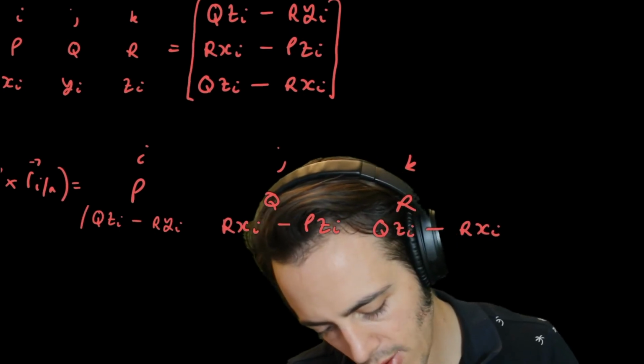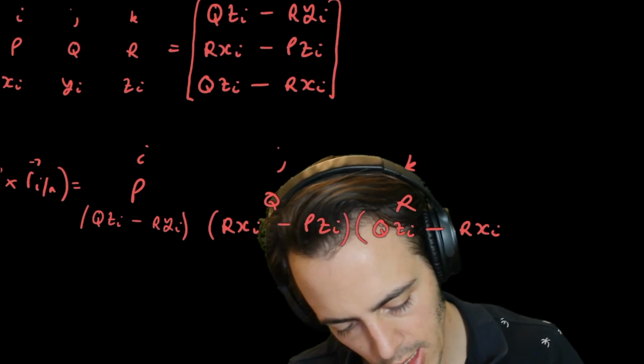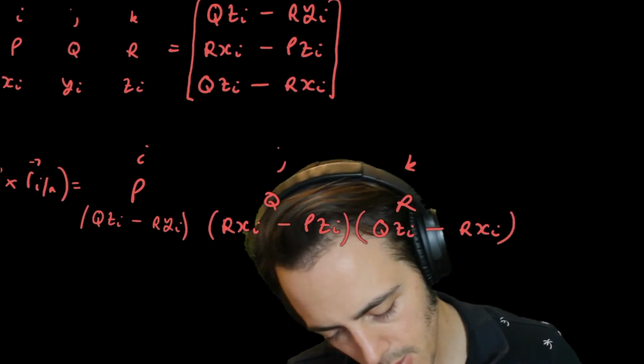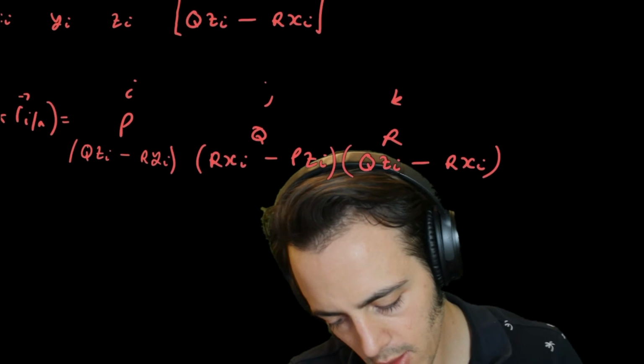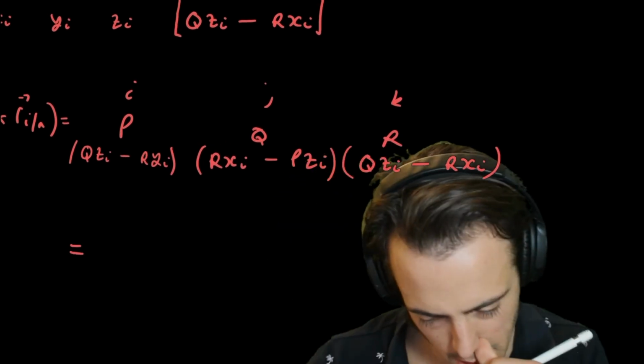Put some brackets around these to make it a little bit easier. So we can do this second cross product.